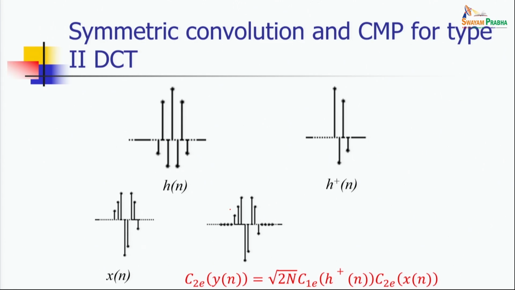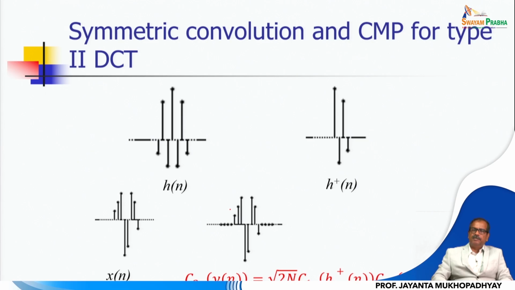So with this background of convolutions, now let me explain another characteristic of convolution, which we call symmetric convolution. Now in symmetric convolutions, the filter responses are symmetric over the zeroth instance in the filter response.